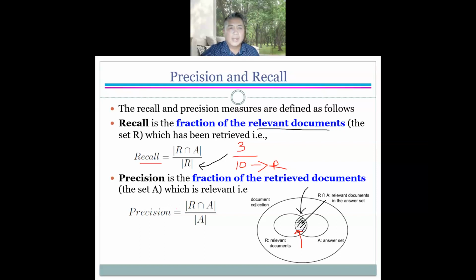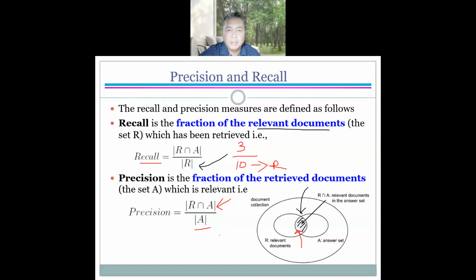But if we talk about precision, precision is the fraction of retrieved documents. This is based on the returned list, how many of them are relevant to you. At the bottom here, we are looking at the returned list, the answer that is given to you, and you want to know how many of them are relevant.